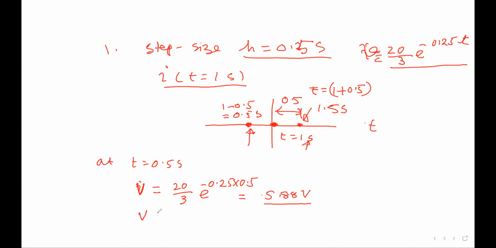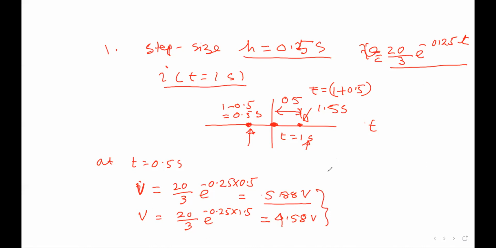Now your V at t equal to 1.5 second is equal to 20 by 3 e to the power minus 0.25 into 1.5, which is equal to how many volts? 4.58. 4.58 volt, okay? So these two values are known to you.